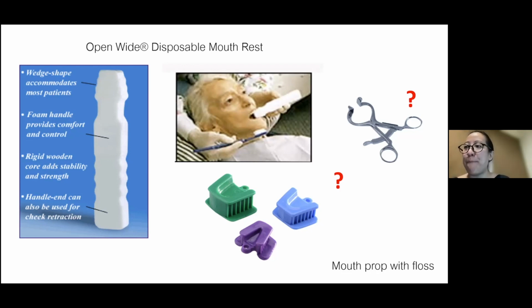And with the mouth gag, patients with cognitive impairment don't like the mouth gag at all because of the handle that would be placed on their cheek. And also, once we already open, if the patient bites down multiple times, it doesn't really work. So the mouth rest would be the one that can hold the strength of the bite.